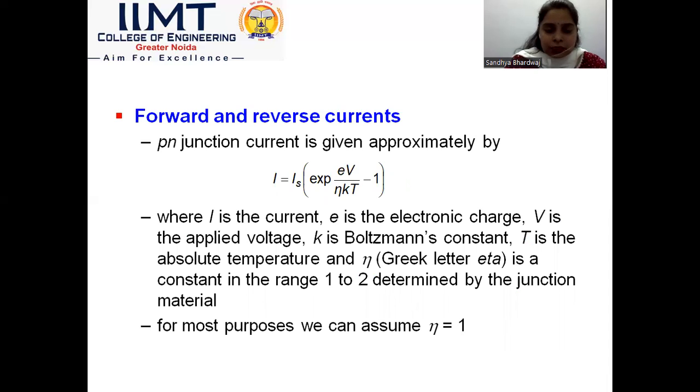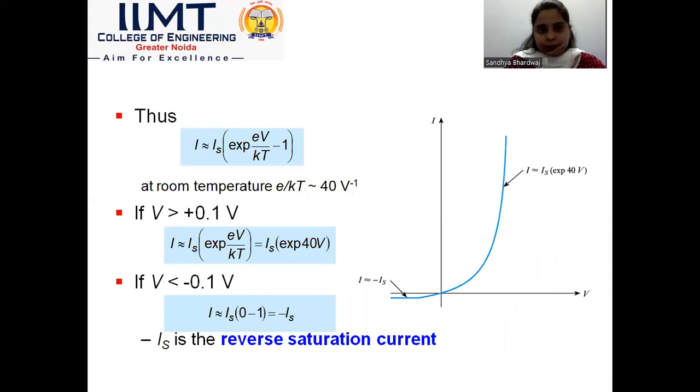For most purposes, we can assume eta equals 1. Thus, here is a graphical representation of I = Is (exp(eV/kT) - 1). At room temperature, e/kT is equivalent to 40 per volt. And the minus 1 shows the saturation current, or reverse saturation current.